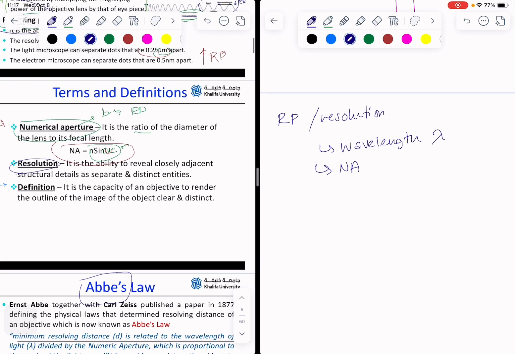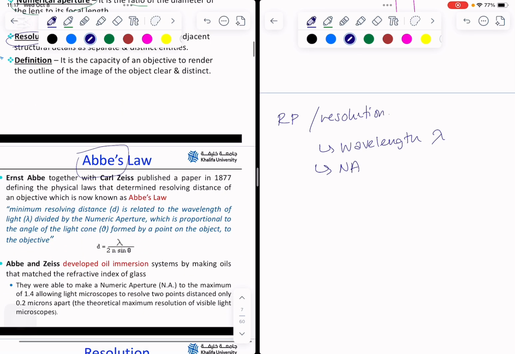This equation has two parts. It says D equals wavelength over 2 n sine theta. And I'm pretty sure we just saw this part over here. This is the NA, so we could replace that.